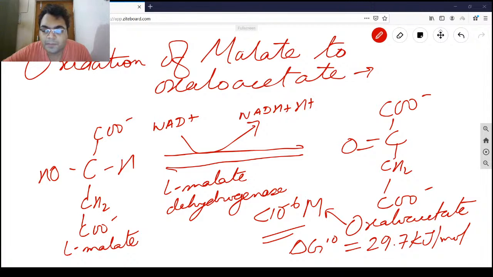Now this entire Krebs cycle is completed. We have 3 NADH produced and one FADH2 produced. These are the core treasures for which this entire Krebs cycle, the TCA cycle, was initiated in the first place.